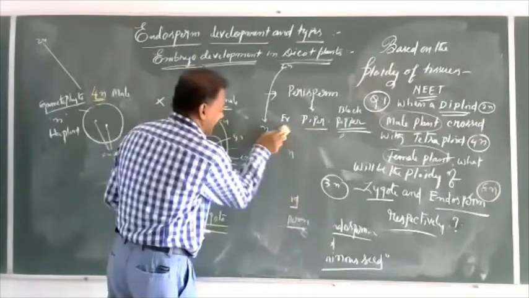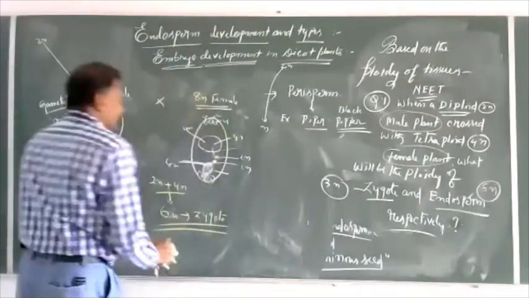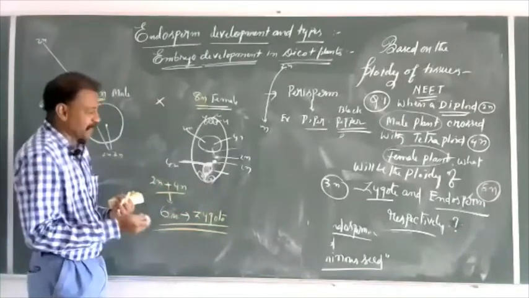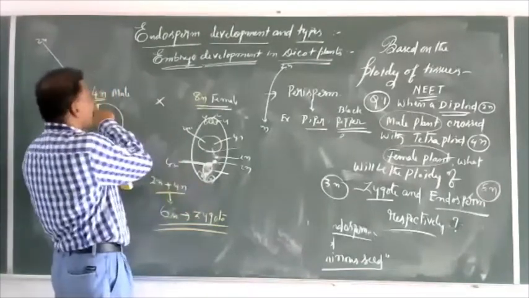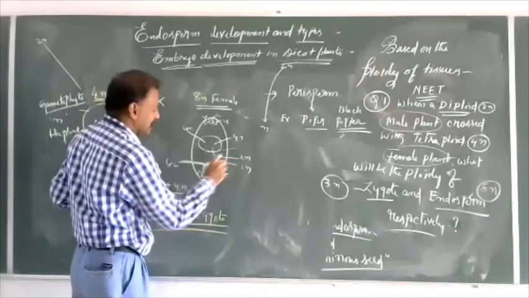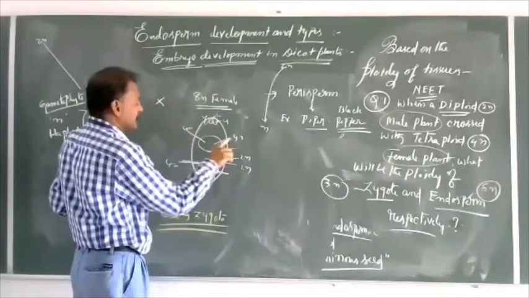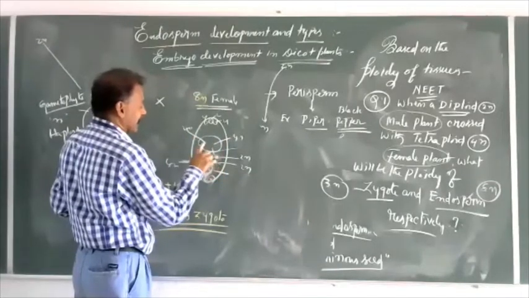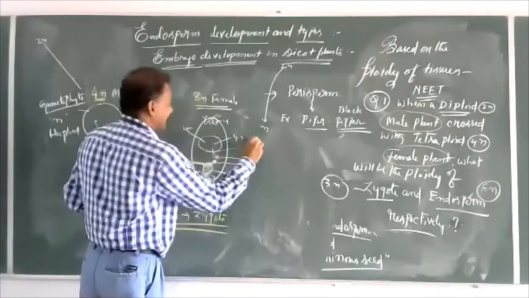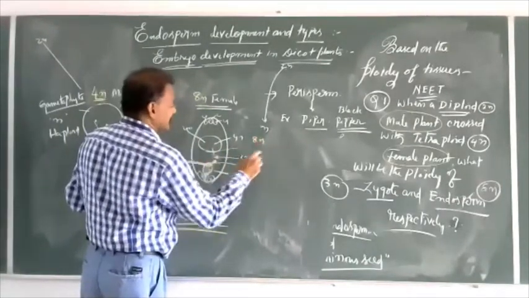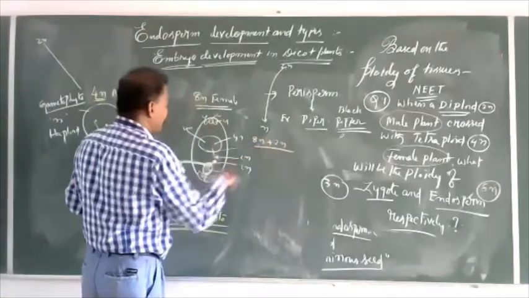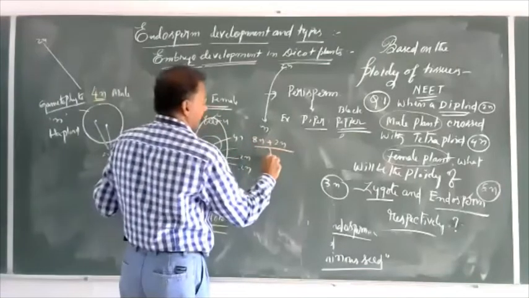What is the ploidy of endosperm? When a cross is made between a 4n male and 8n female, the 2n male gamete fuses with 4n plus 4n, triple fusion. 4 plus 4, 8n plus 2n. 2n is of the male gamete, 8n is of the female.